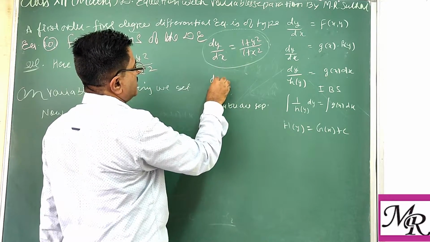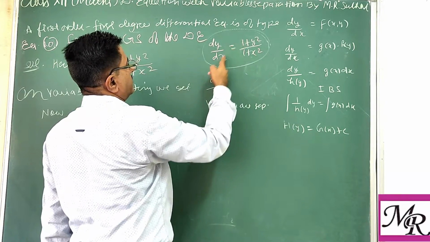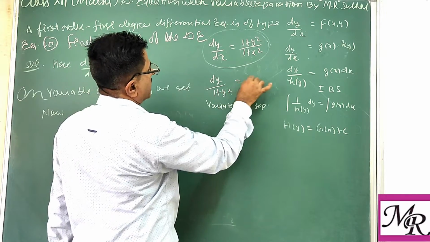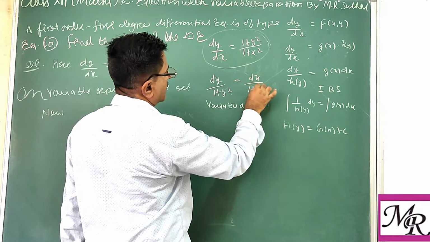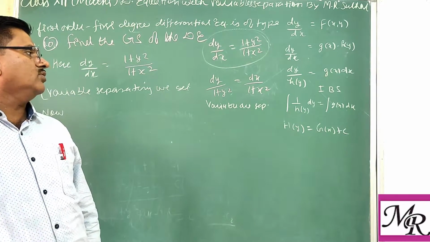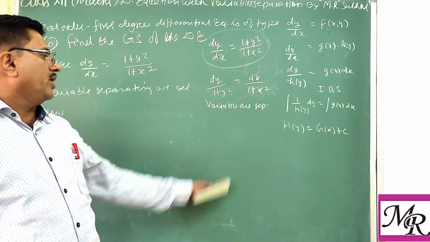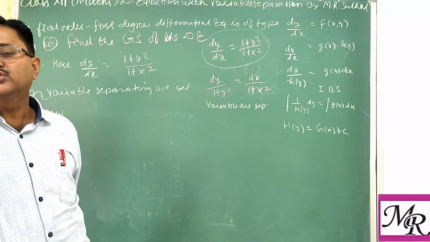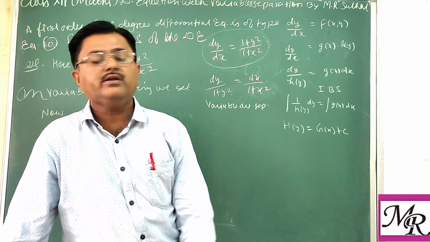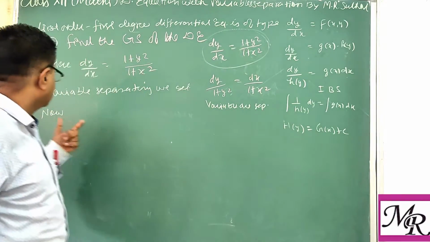So what we get, cross multiply again, or we interchange the denominator and numerator diagonally. So we get dy upon (1 plus y square) equal to dx upon (1 plus x square). Now variables are separated. So according to this method, when variables are separated, then one can integrate on both sides.